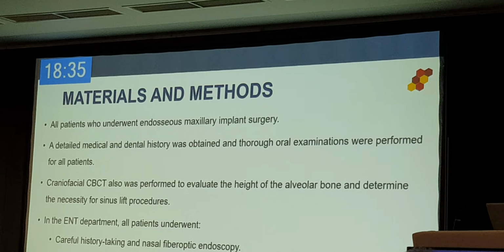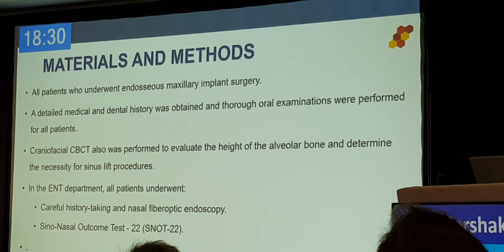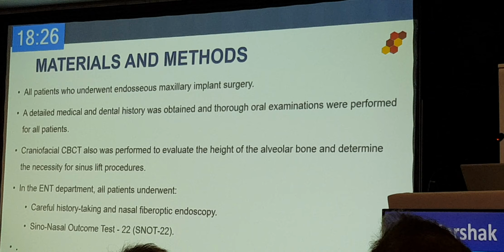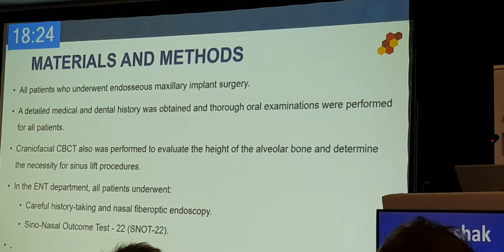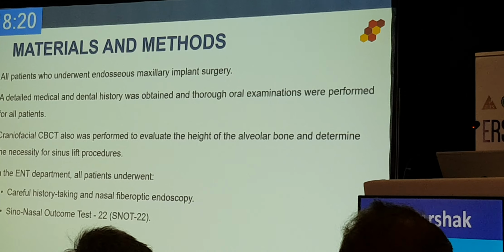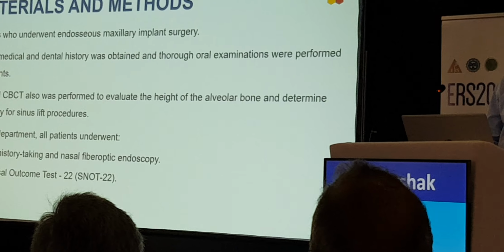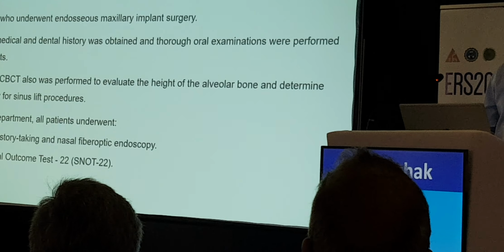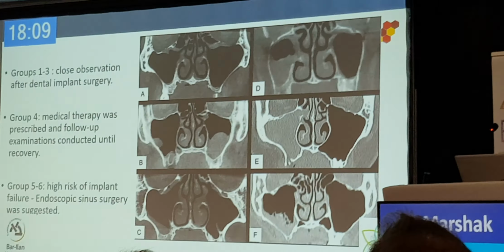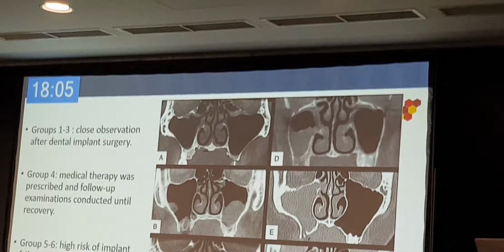So what they did, they included all patients that had to undergo an endoscopic maxillary implant surgery. They took detailed medical and dental history, and also craniofacial CBCT. They referred the patient to the ENT department. All of them underwent careful history taking and nasal fiber optic endoscopy, and they completed the SNOT-22. They divided the CBCT into 6 different groups.